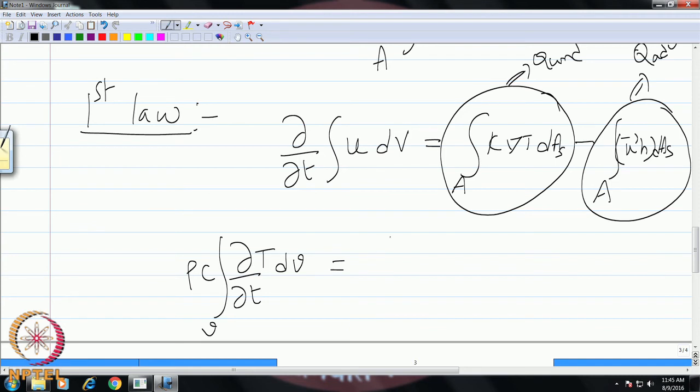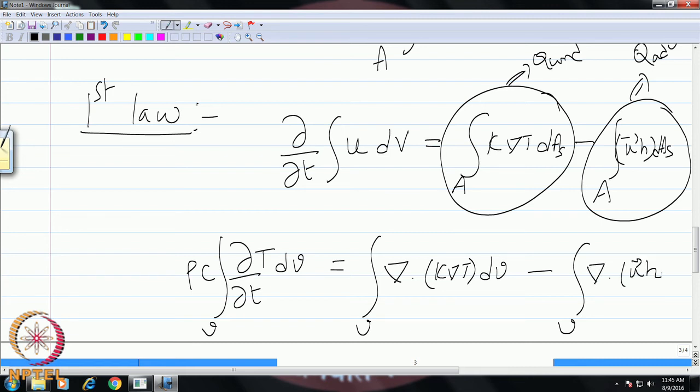The first term on the right hand side becomes a volume integral of divergence of k delta T dv, minus a volume integral of divergence of u h dv.